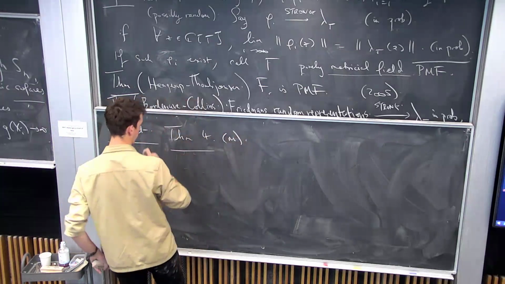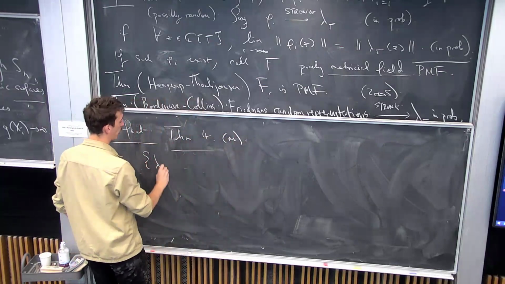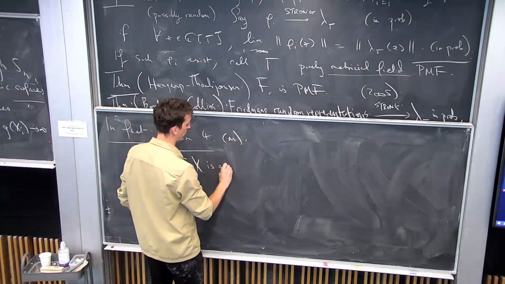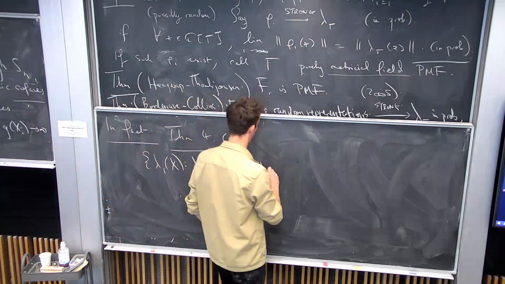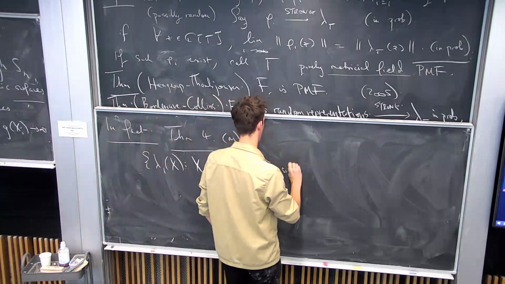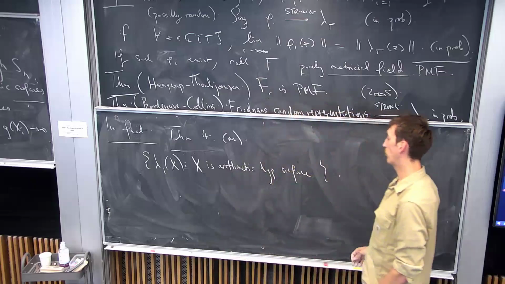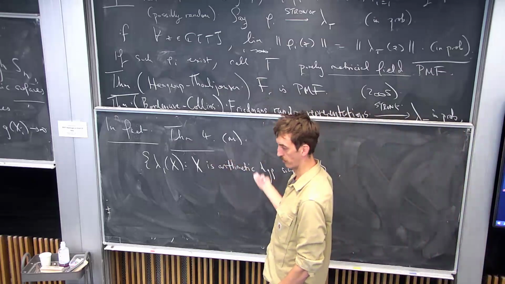It'll be the last thing I say, I think. If you look at all the possible lambda 1 of x, such that x is an arithmetic hyperbolic surface, it's a question recently popularized by Sarnak to describe the exact structure of this set.